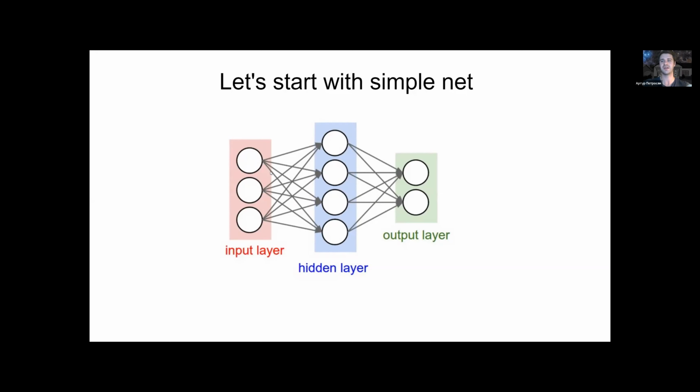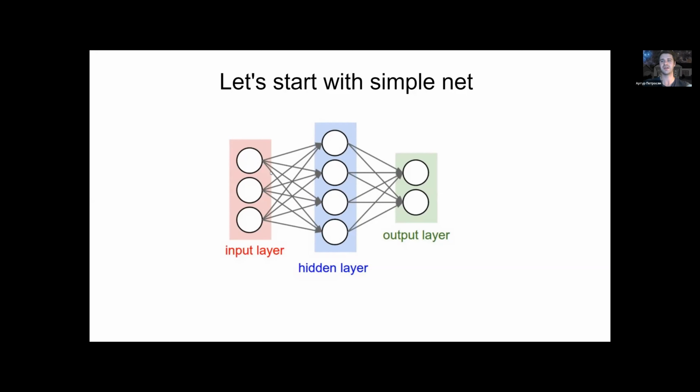Linear regression just takes some 3 inputs and you train it to predict some target variable. And now you can say that I need to take that input layer, transform it to 4 neurons, and only then predict some target variable. Why is it better?